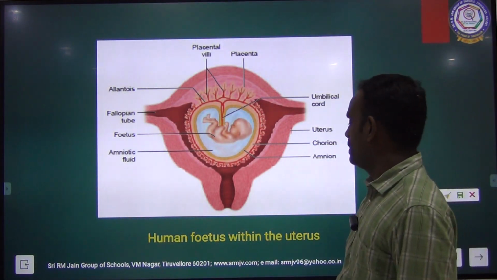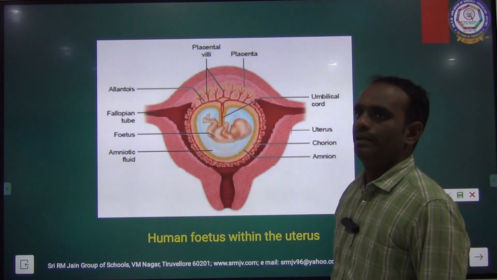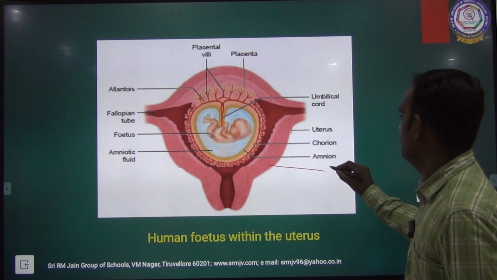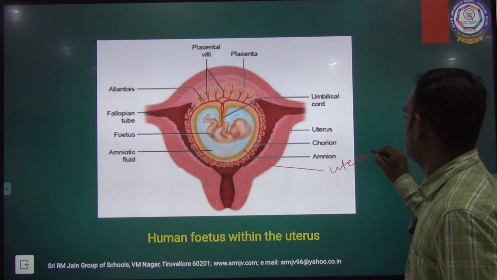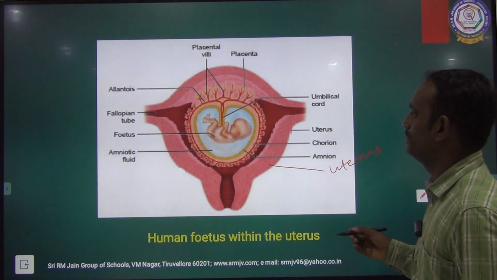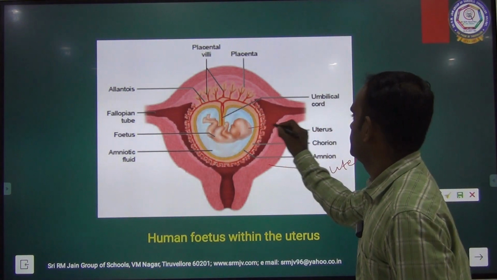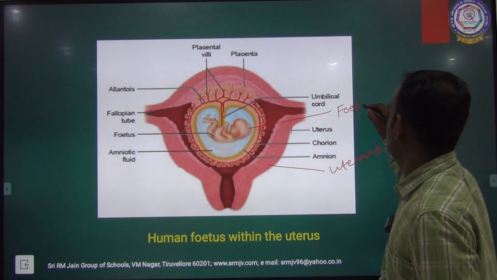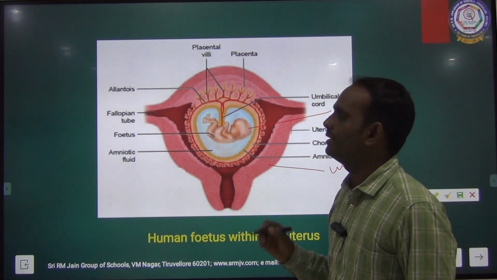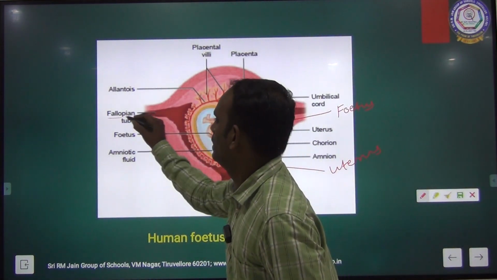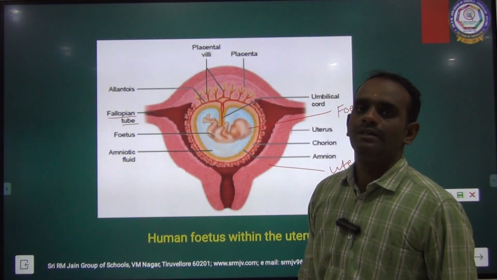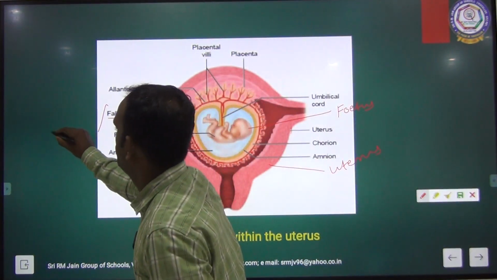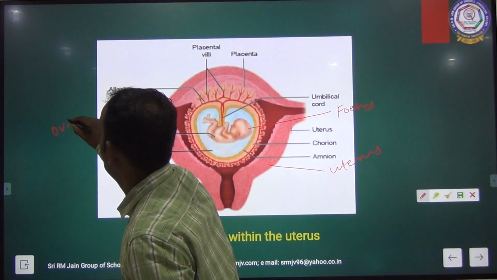See the structure of the human fetus within the uterus. This is the uterus. Inside the uterus, the fetus is growing. This is called the fallopian tube. The other name for fallopian tube is oviduct.